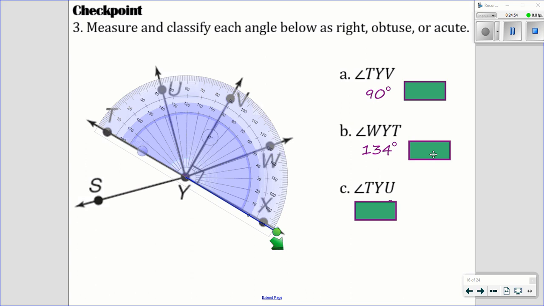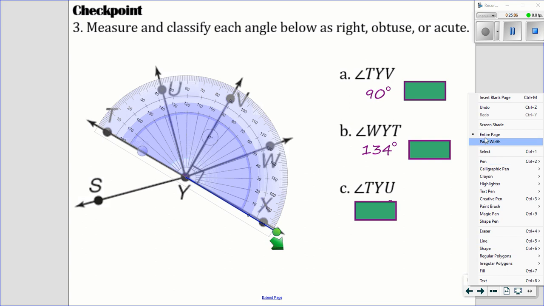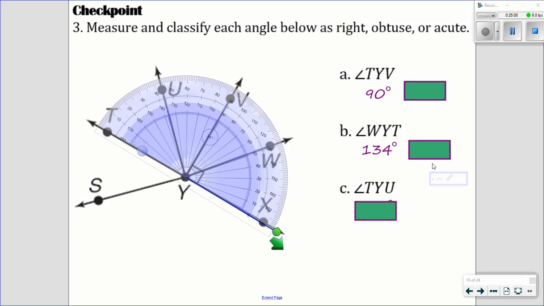It says 134. I have everything lined up, so that's way off. Because that number was there, that should be 129. And of course it's obtuse. So let's just cross this out. And this one is right angle.